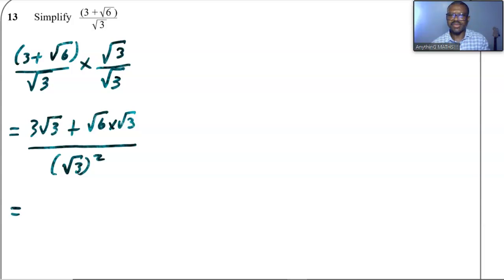When we expand, we're going to get 3 root 3 plus root 18 all over 3.